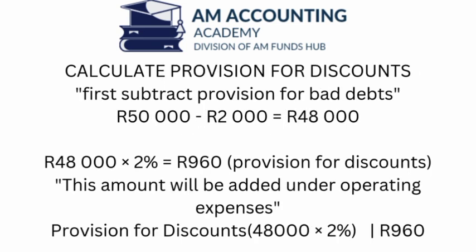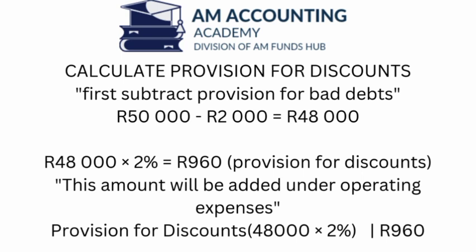Now the next step will be to calculate provision for discounts granted. So therefore we first need to subtract the provision for bad debts from the trade receivables amount. So therefore the 50,000 that we had calculated in the beginning, subtract the 2,000 of the provision for bad debts, which will give us 48,000.